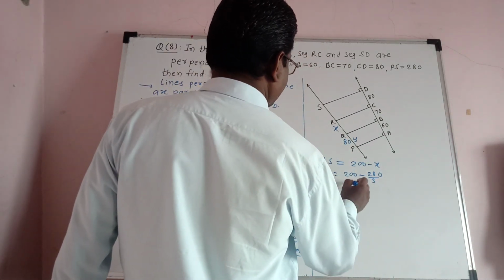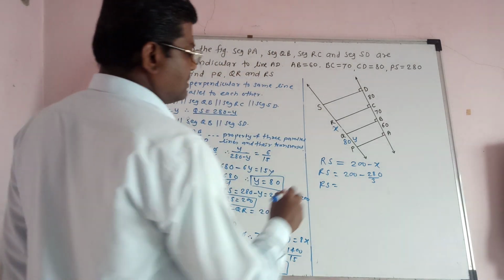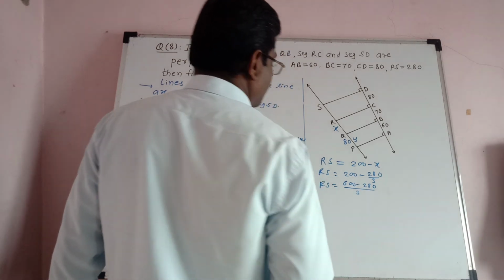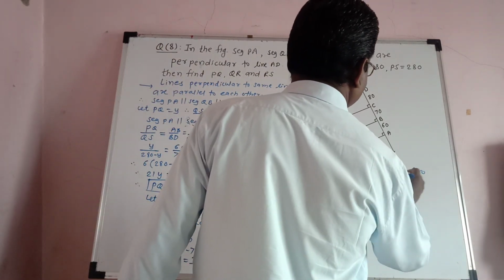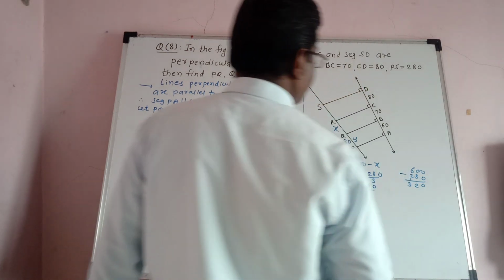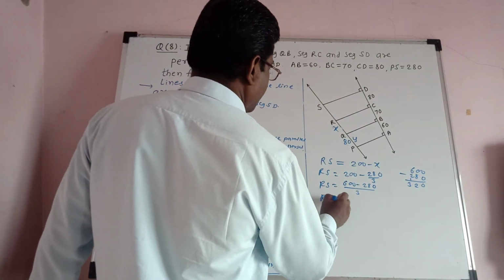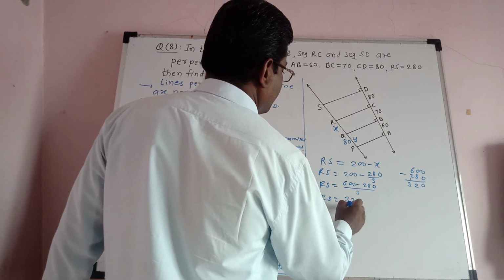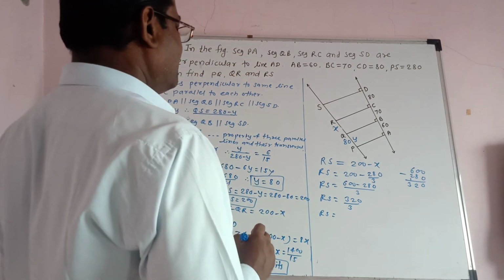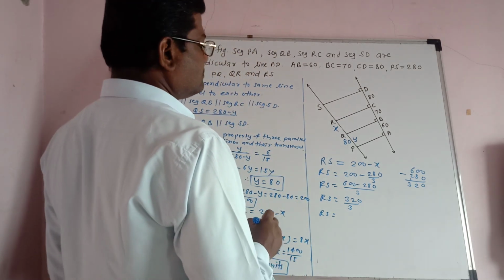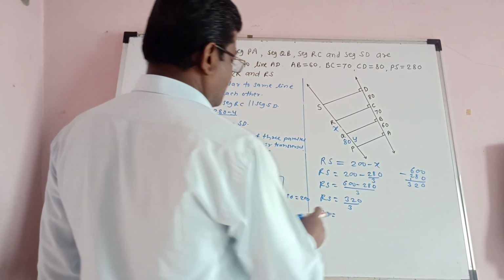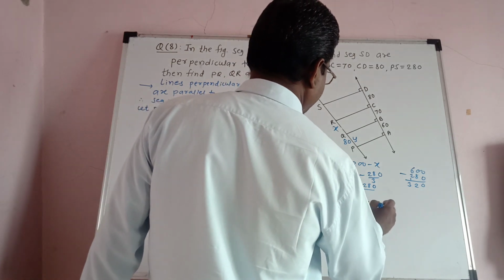That is 600 minus 280 upon 3, which is 320 upon 3. Therefore RS is equal to 320 upon 3 units.